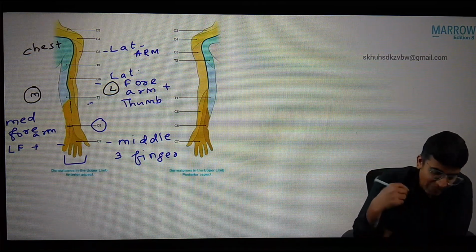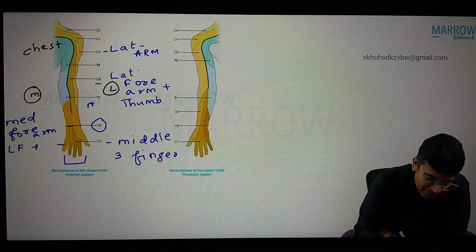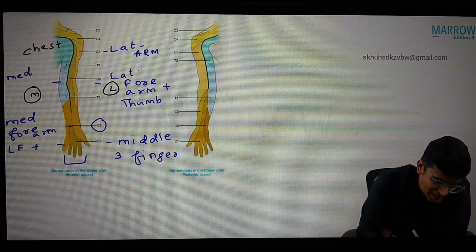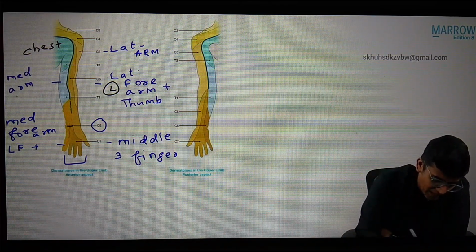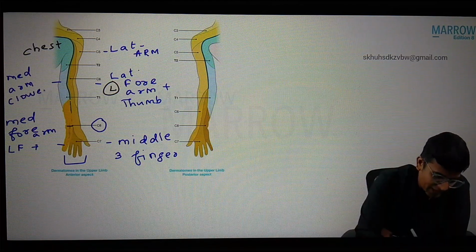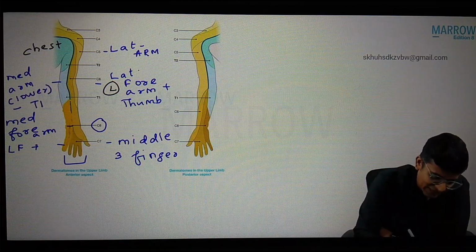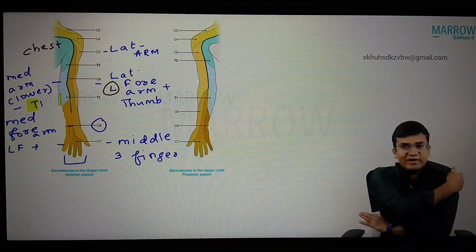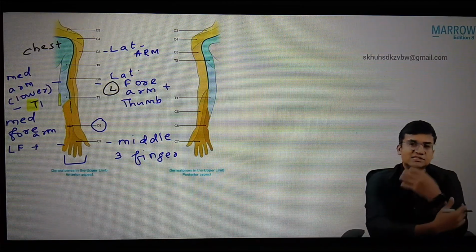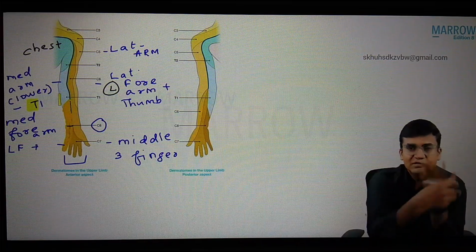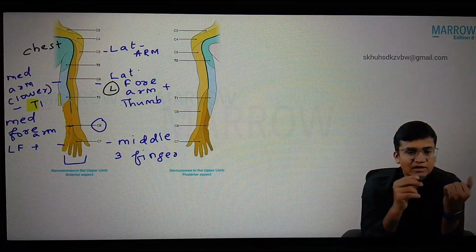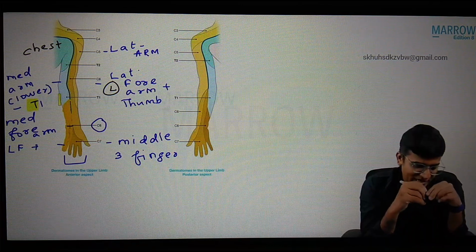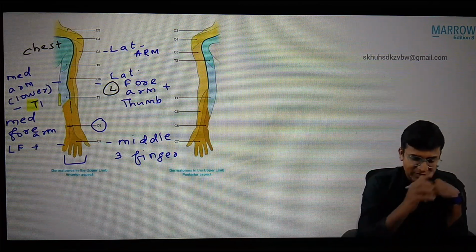Then the medial side of the arm, only the lower part, sensory fibers are carried by T1. So, please remember: C5 lateral aspect of the arm, C6 lateral aspect of the forearm including thumb, middle three fingers C7, C8 little finger and the medial side of the forearm, then the medial side of the arm, the lower aspect, by T1 fiber.